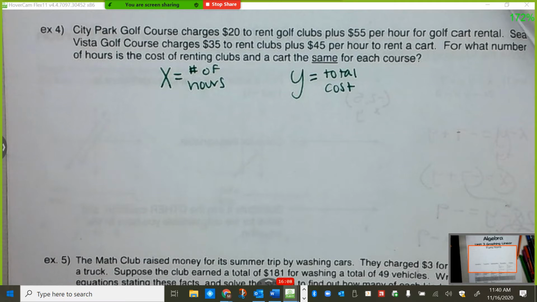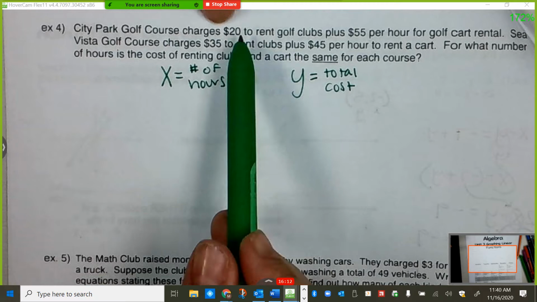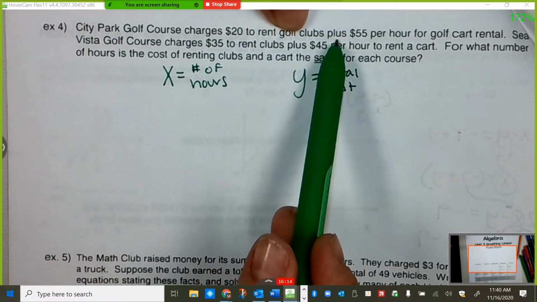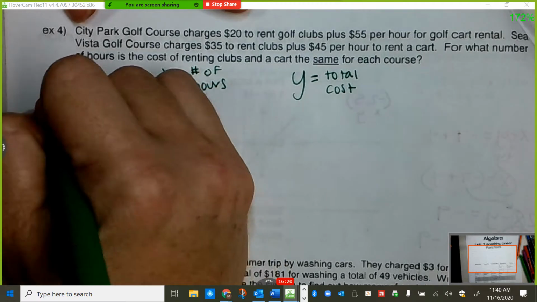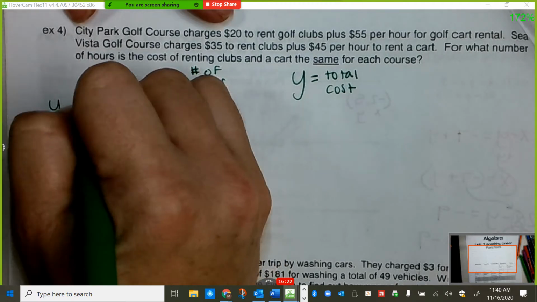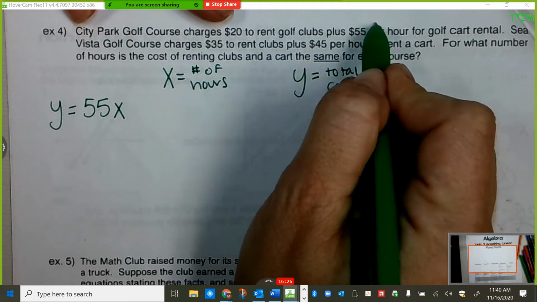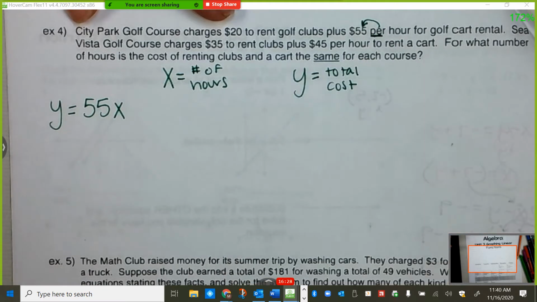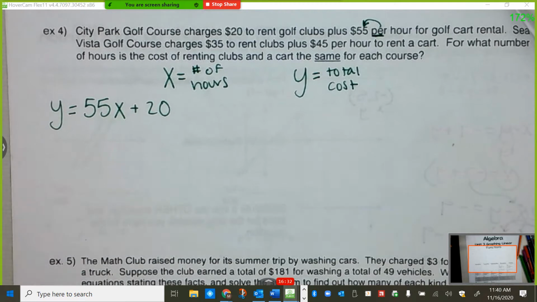So knowing that, we need to come up with two equations, one for each park. This first one says charges $20 to rent the golf club plus $55 per hour. So what do you think that's going to look like? Yes, so 55x, because we see the word per, we know that's telling us that x goes with 55, plus the $20 that we're only paying once because we only need to rent golf clubs once, right?